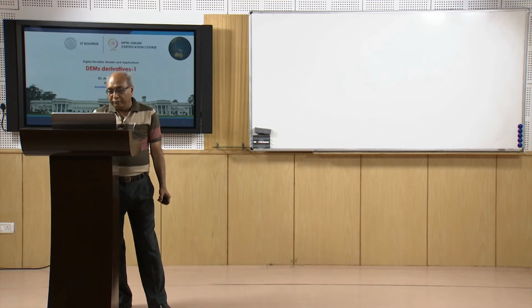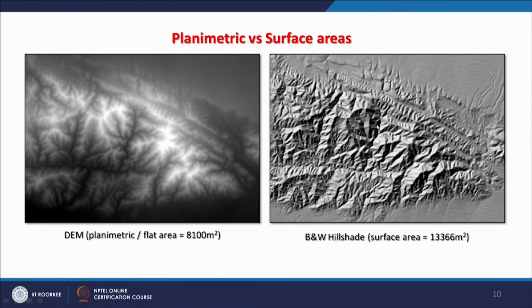And when we have something like this, the surface area for all these slopes being seen here is going to be more than a simple planimetric area, and this is what is depicted here: here it is 8100 square meters and here it is 13,366 square meters. So this will definitely have more surface area.